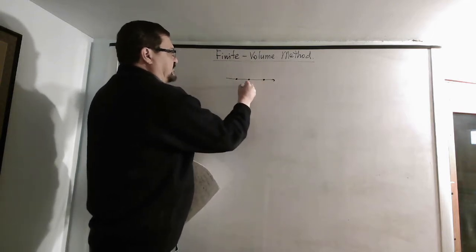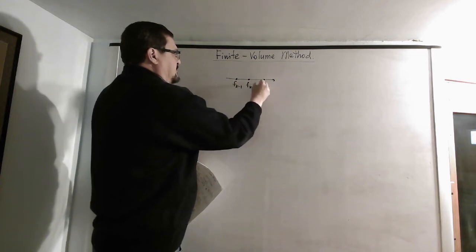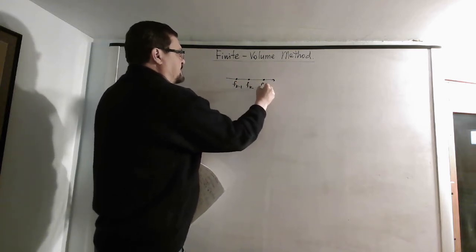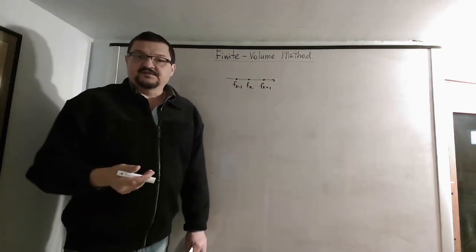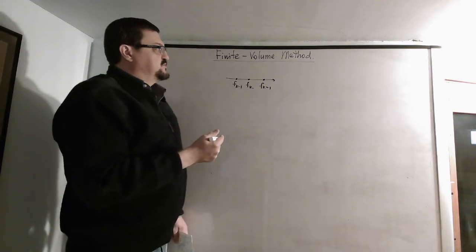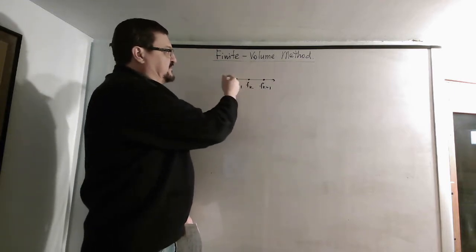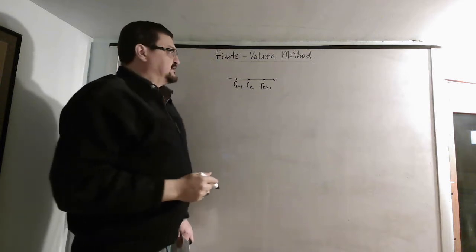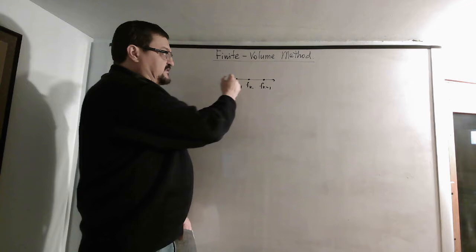and we have values of some function in those grid points separated by some distances, and we use Taylor series basically to expand the function in a certain node using values of the function in neighboring nodes. So it's all about nodes.